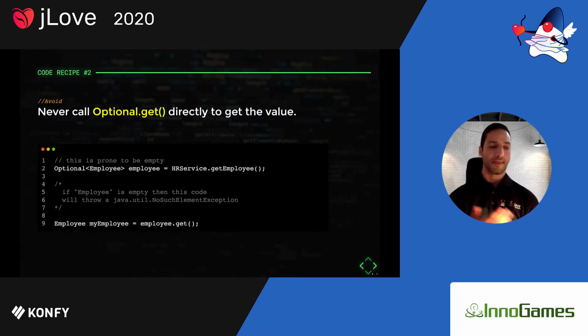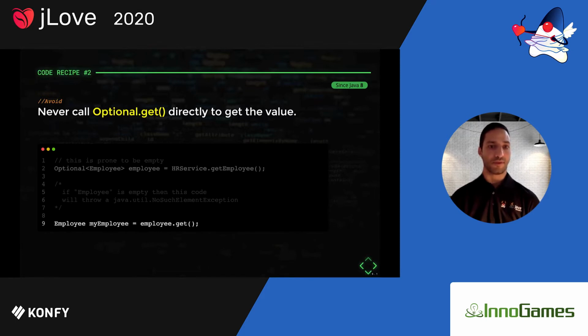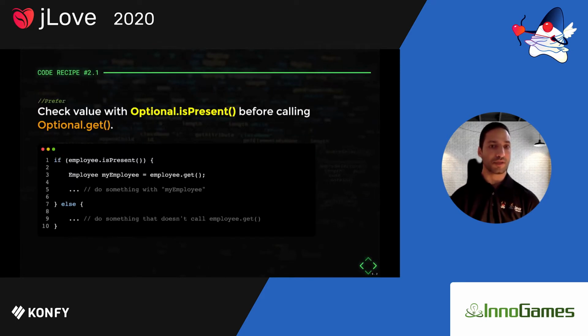From the Optional, using the get method, you can definitely get the value, but avoid doing this. Why? Because simply get will throw a NoSuchElementException. So you have to avoid this.